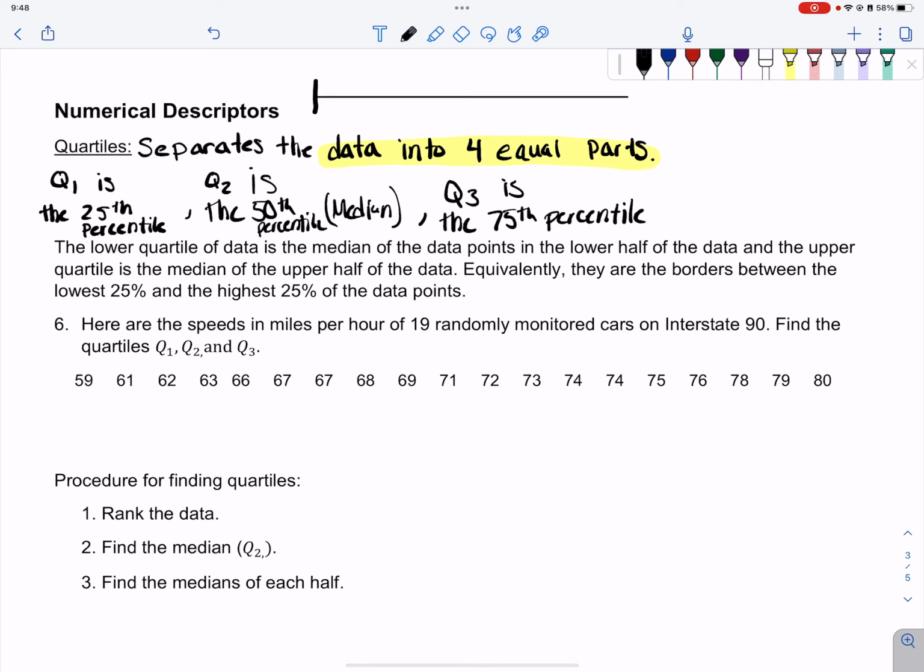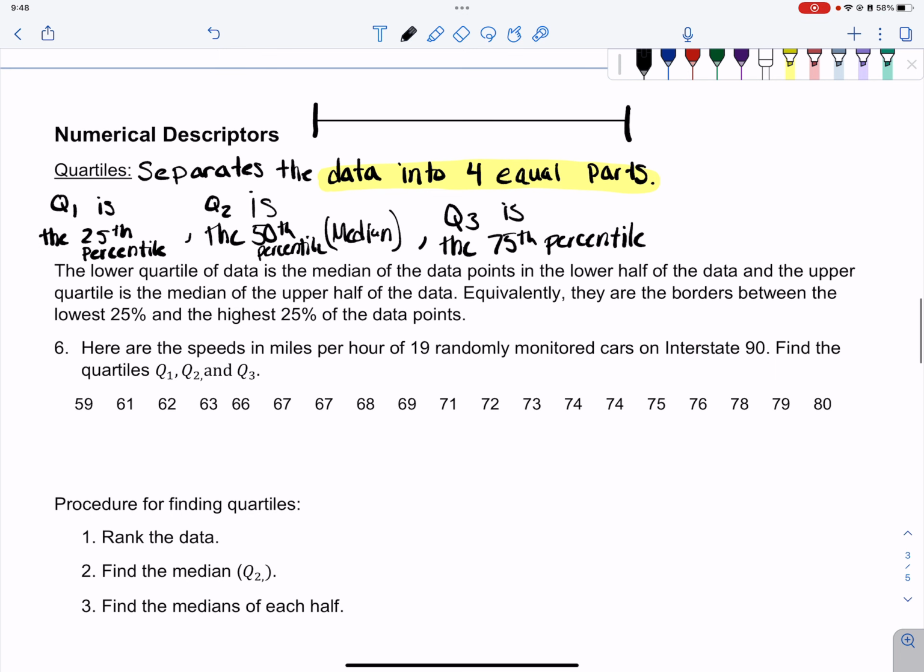So if I draw that picture that we looked at when we were using percentiles a little while ago, we have from 0 to 100 for our percent of the data, and right in the middle we have our median, which is Q2, our 50th percentile. Halfway between 0 and 50 we have 25, which is Q1, the 25th percentile.